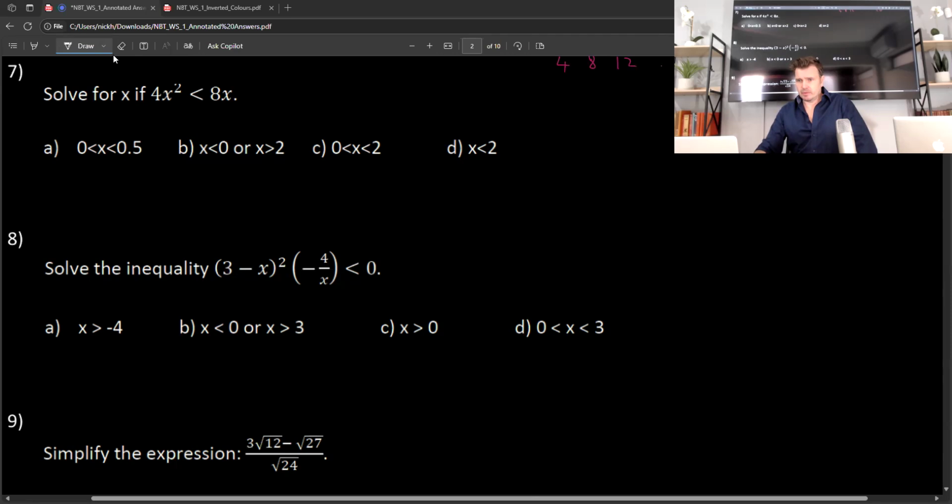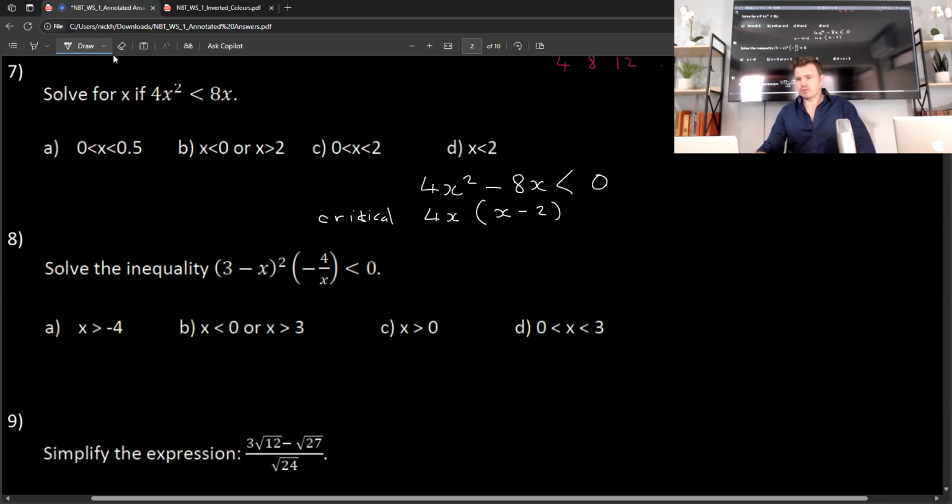Well, we could take the 8x to the other side, okay, and make it this greater than 0, and then we could take 4x out, and we get x minus 2, and these give us what we call our critical values. So critical values.